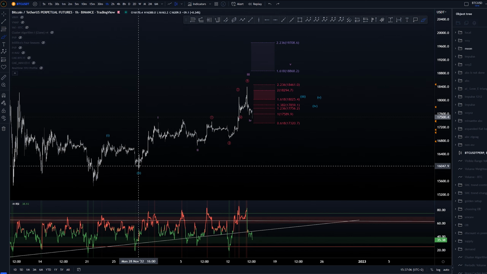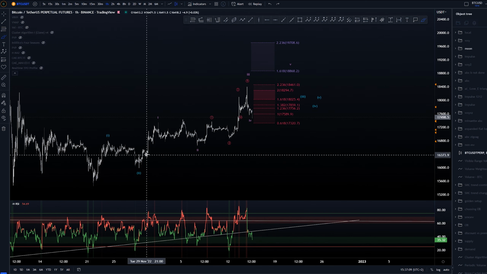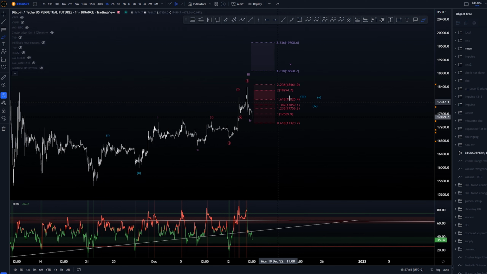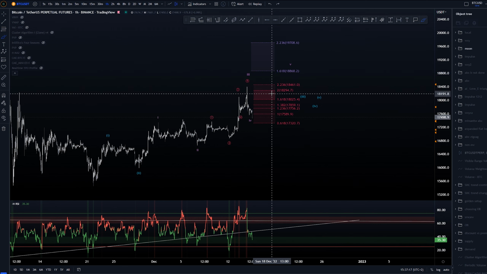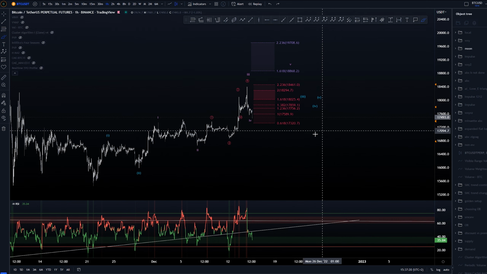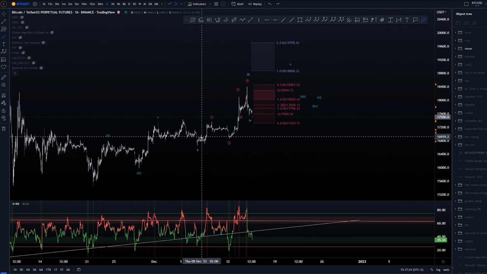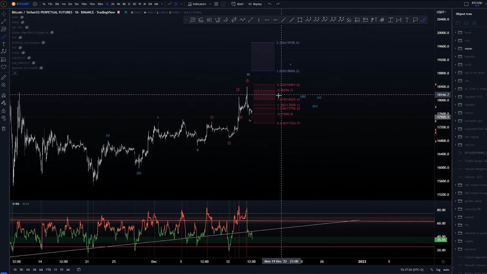I don't really like these counts because, again, until we get some kind of confluence or some kind of info of these achieving these targets, I'm still staying bearish. Although I'm showing you these bullish counts or potential bullish counts, I'm not turning into these unless we are hitting these 1.618 targets.